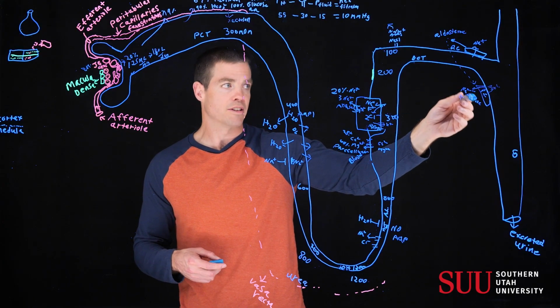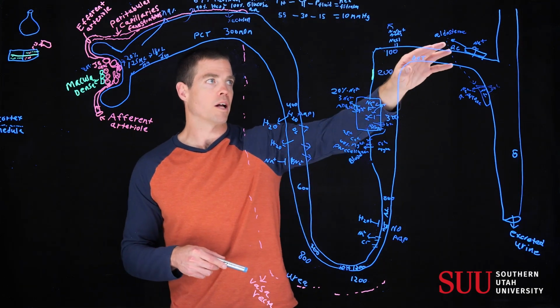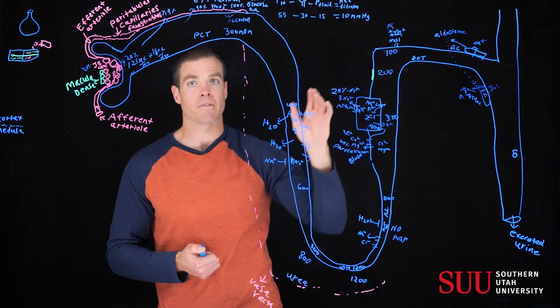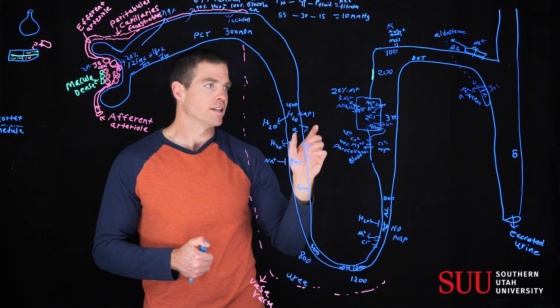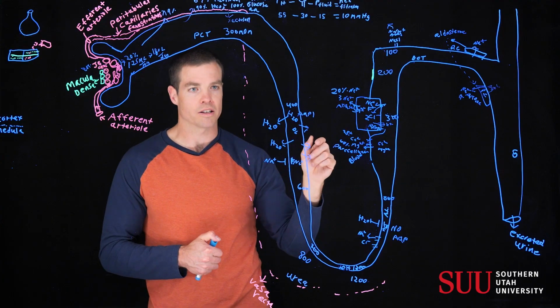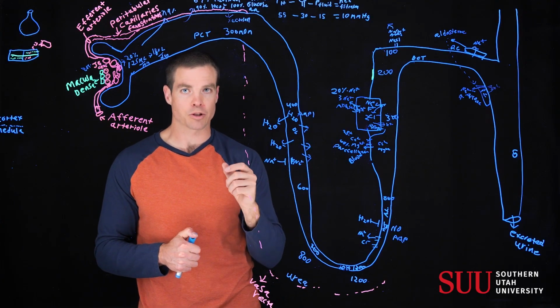And this is, again, occurring in the principal cells. So that's a powerful mechanism of aldosterone, and that's going to create water to be more concentrated upon the action of another hormone called vasopressin.